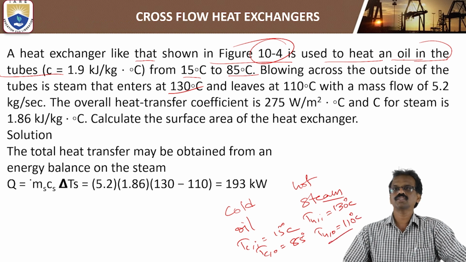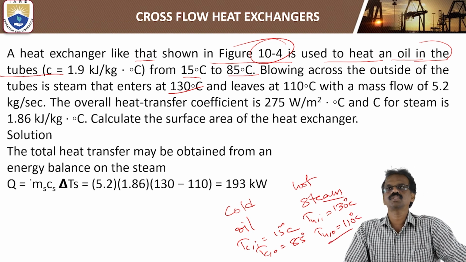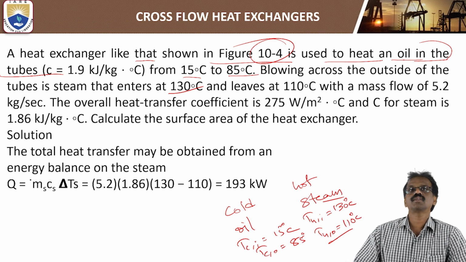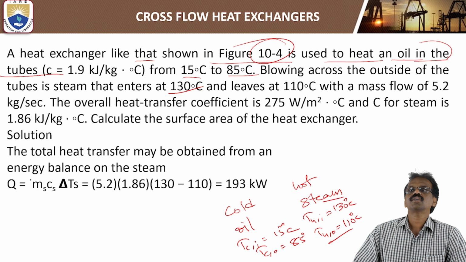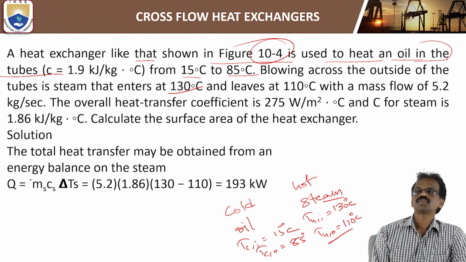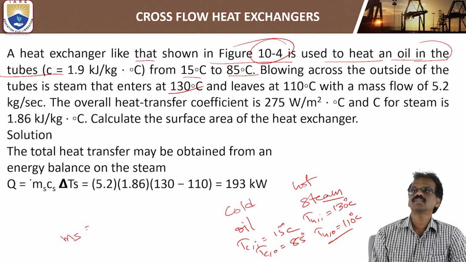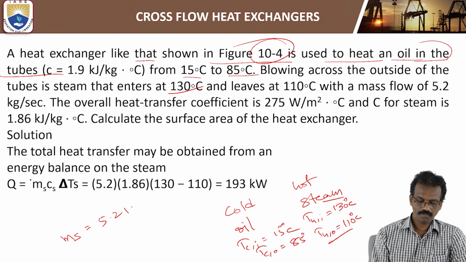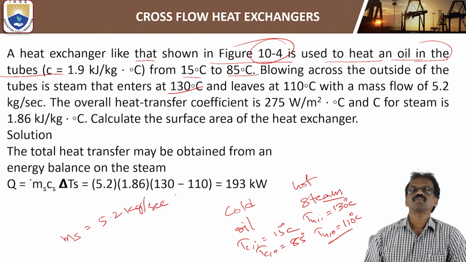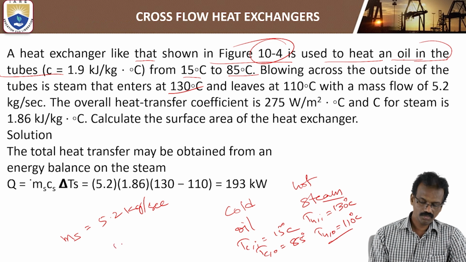So four temperatures are given, then you can choose the LMTD method. You know that one. The mass flow rate of the steam has been given.